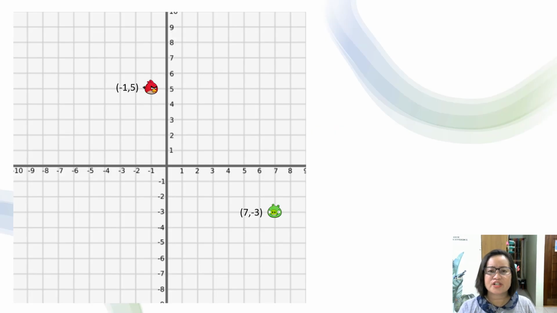Now you have learned how to write equations of parabolas in standard form. Let's go back to the problem that I have given you. How can we determine an equation of one of the parabolic paths of the angry birds in order to hit the pig at 7, negative 3?